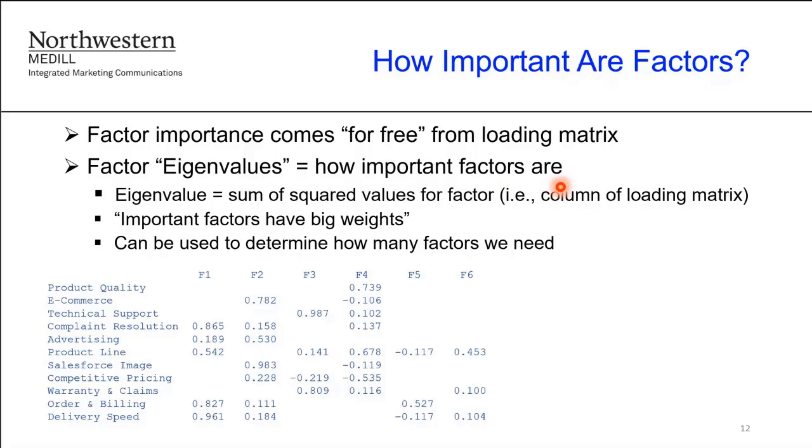By the way, this factor loading matrix is rotated, so this is the result after the rotation. This is different from what we saw in the previous slide, where the matrix was unrotated, and this matrix is now rotated.